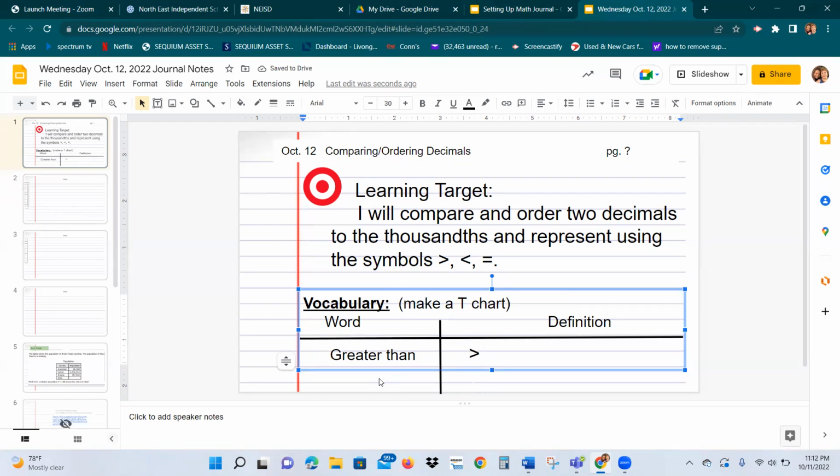The next word is going to be less than. Let me stretch this down a bit. And then it's less than.